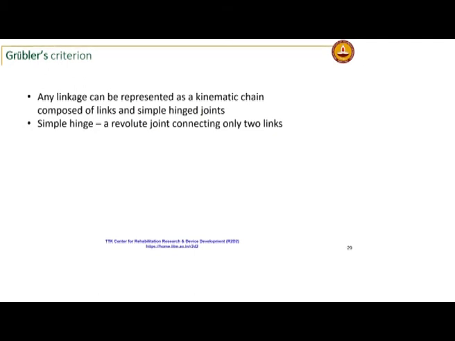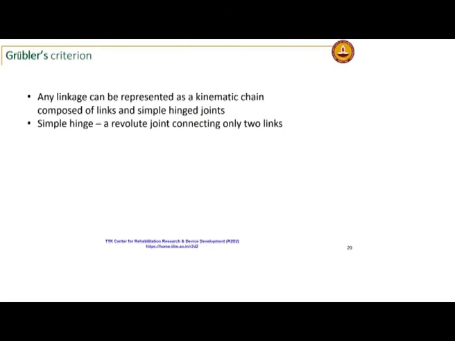You can represent any linkage. If a mechanism has only lower pairs, we typically call it a linkage. It is referred to more generally as a mechanism if it also has higher pairs in the kinematic chain, but if we are only using lower pairs, we tend to call it a linkage.